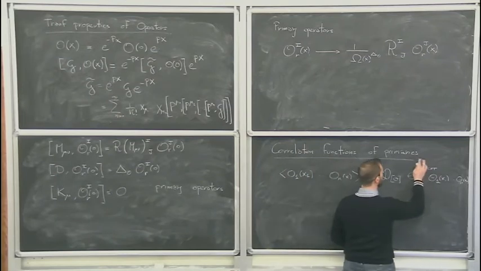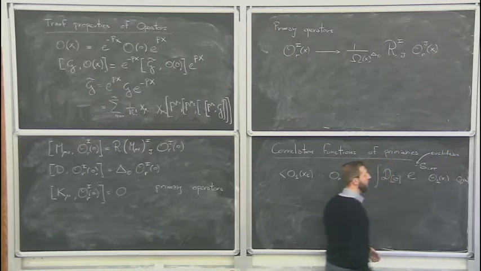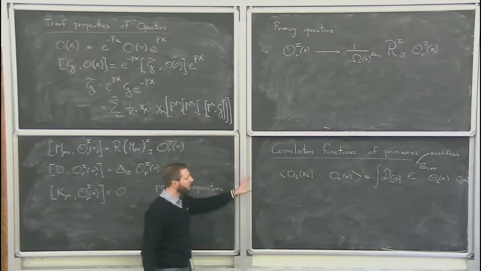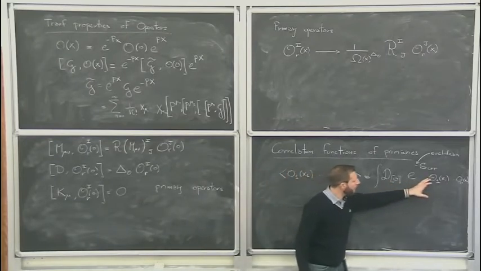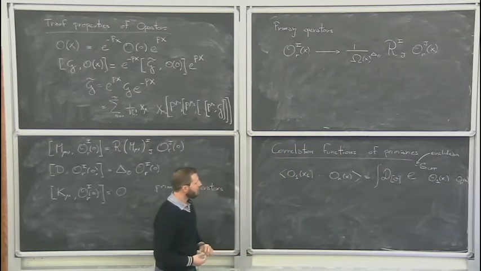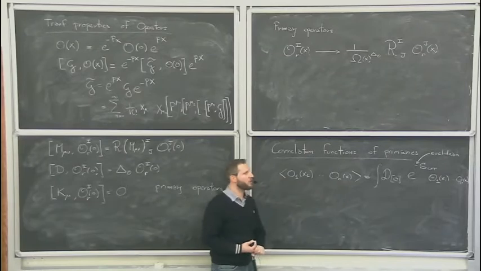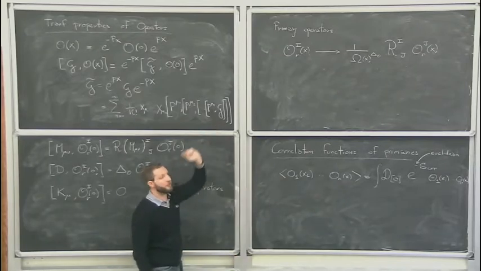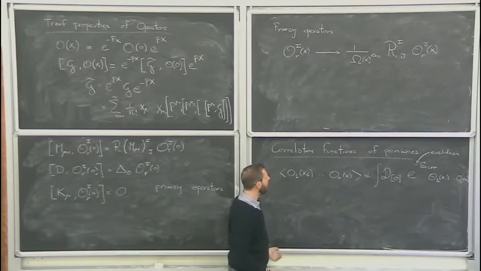Okay, so here let's do Euclidean, just for simplicity. So for now let's think in terms of a path integral where you insert a bunch of fields and this defines a correlation function. And what we would like to understand is what is the general structure of a correlation function which is consistent with those transformation rules.